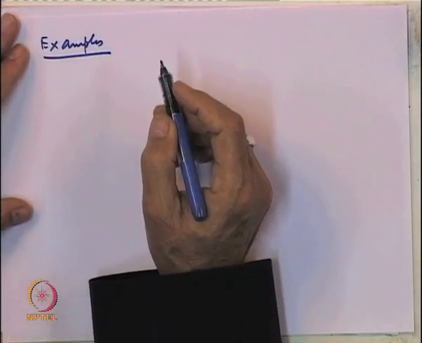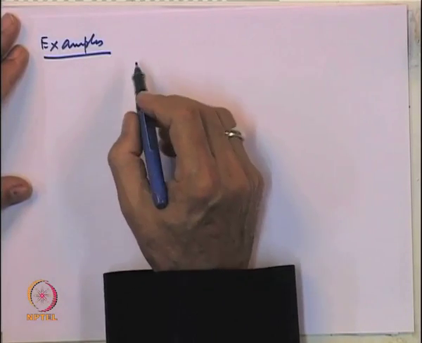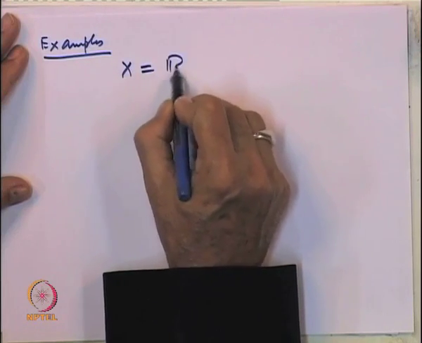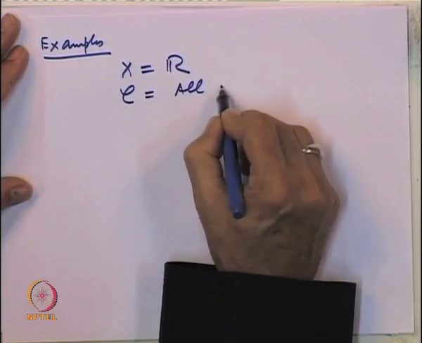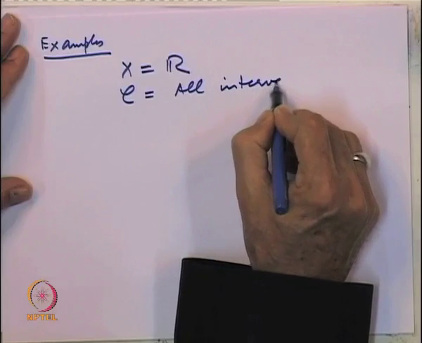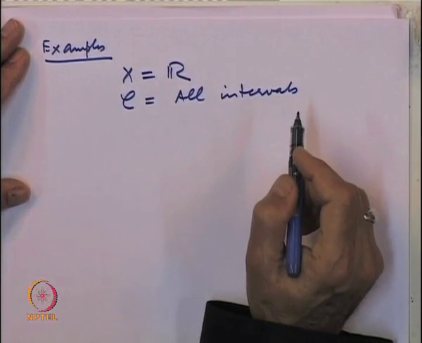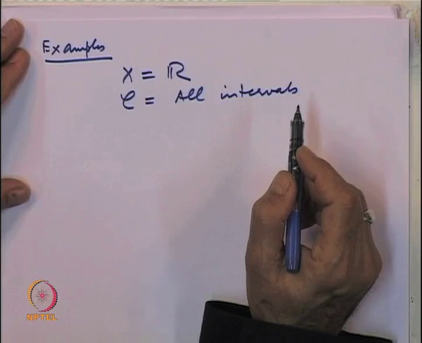Let us look at the same example, X is the real line, C is all intervals. We know that this collection is not an algebra, it is a semi-algebra.